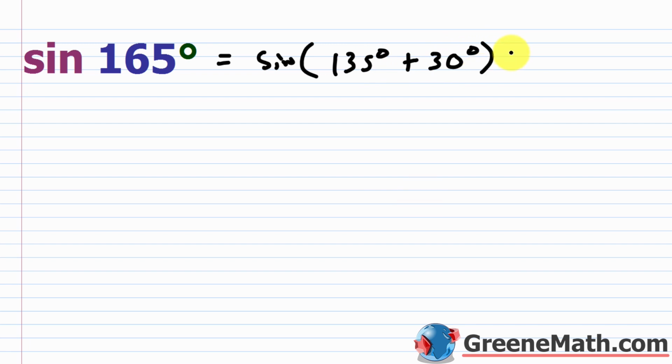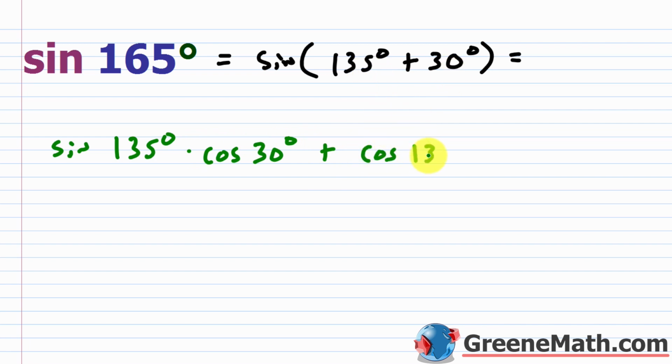If I use my little sum formula, this is going to be the sine of the first one, 135 degrees, times the cosine of the second one, which is 30 degrees. Then plus the cosine of the first one, 135 degrees, times the sine of the last one, 30 degrees.